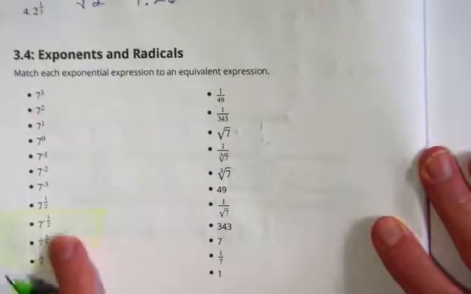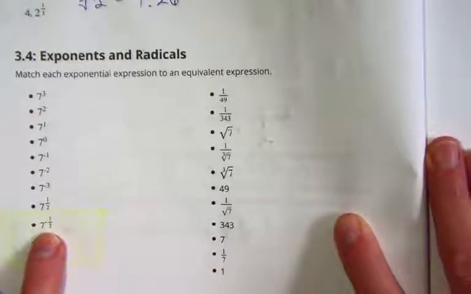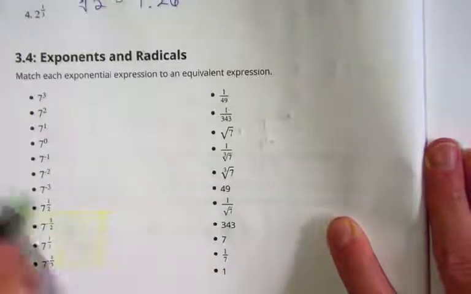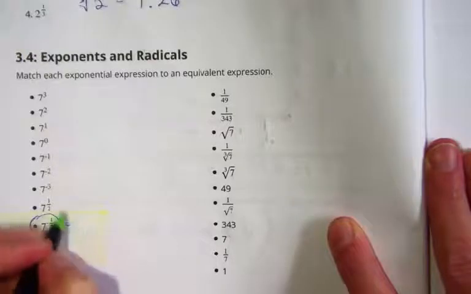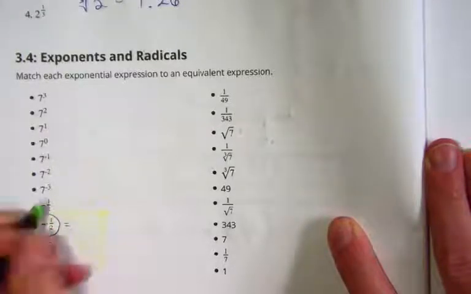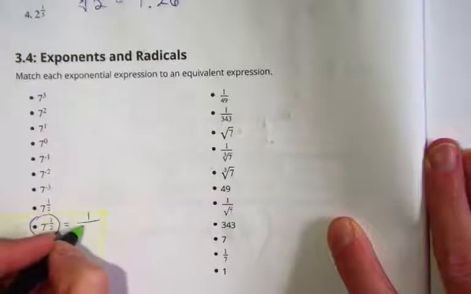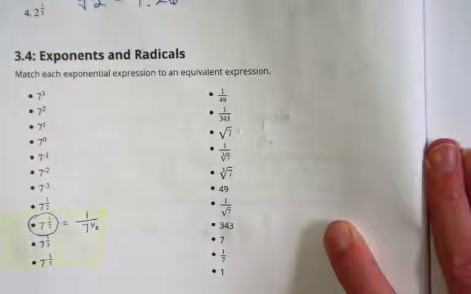Little matching going on here. Some of them are worked out, some of them are here. Remember that a negative is what kicks it down to the denominator, so if I think about something like 7 to the negative 1/2, that's telling me first of all that I need to have it kicked down to a denominator with a positive exponent.